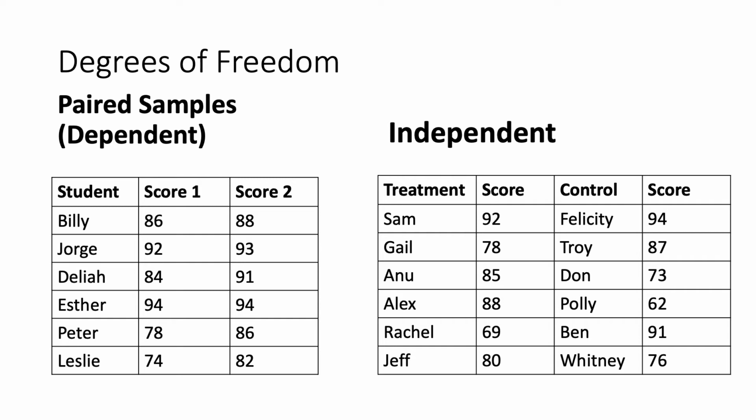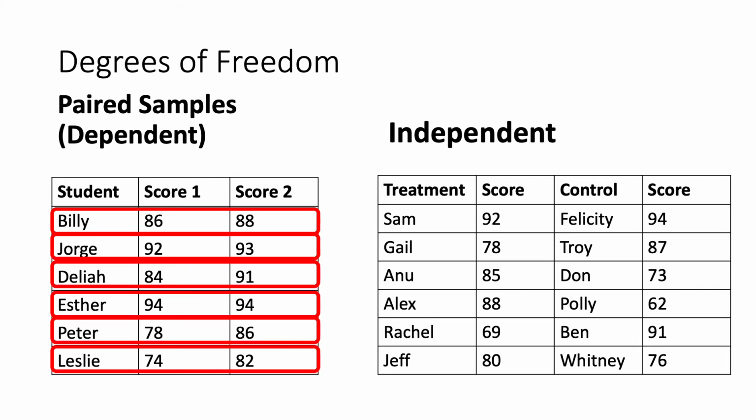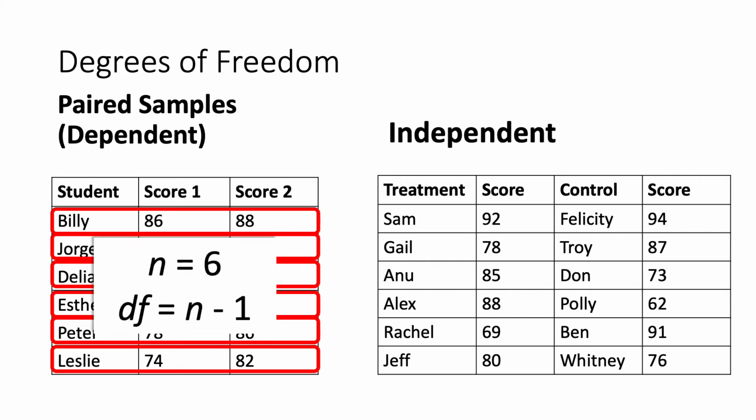And you have to stop and be careful about degrees of freedom. In our paired samples or dependent group, Billy has 2 scores, and each of his colleagues has 2 scores. It's one group, but 2 scores. So our n is 6, and our degrees of freedom are n minus 1. In independent samples, it's different.